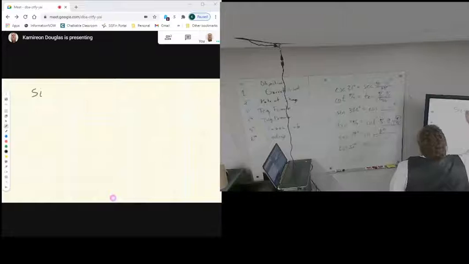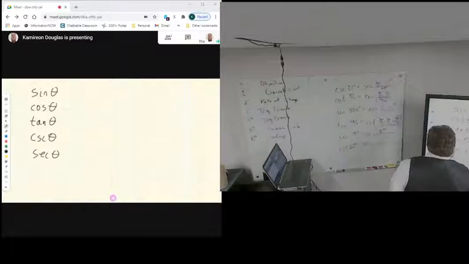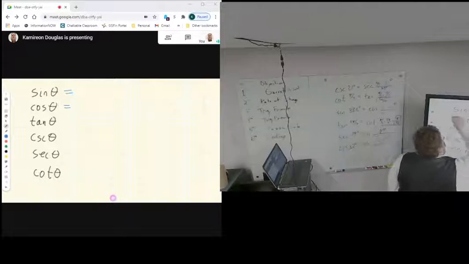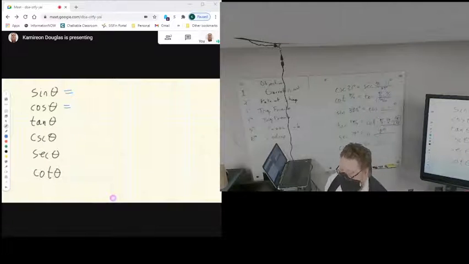Sine, cosine, tangent, cosecant, secant, and cotangent. Now, these first 2 are locked in stone. They cannot change. They are defined. You could think of them as parts of a triangle using O over H and A over H, but there's no way to rewrite them any other way besides sine and cosine.